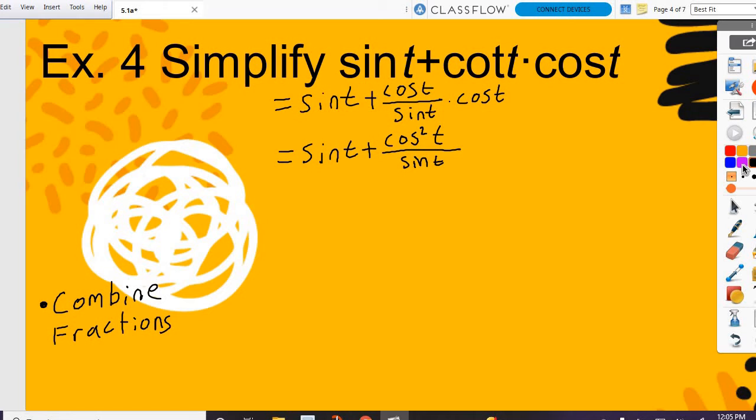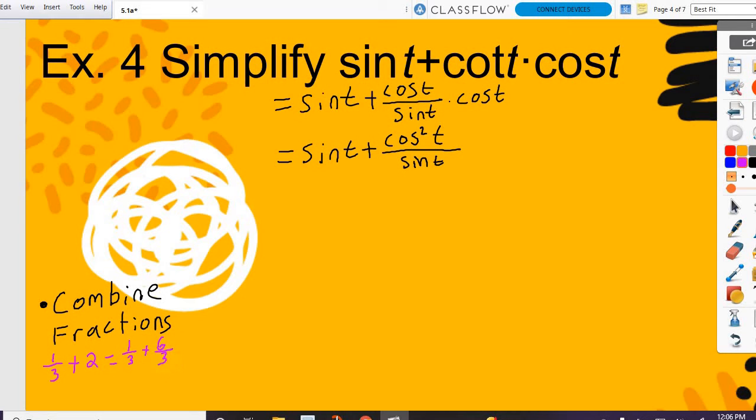So in order to be able to combine fractions, let's say if I had 1/3 plus 2. How would I combine those? You change it to have the same denominator. Correct, which would be what in this case? 2 over 1, so what does it become?